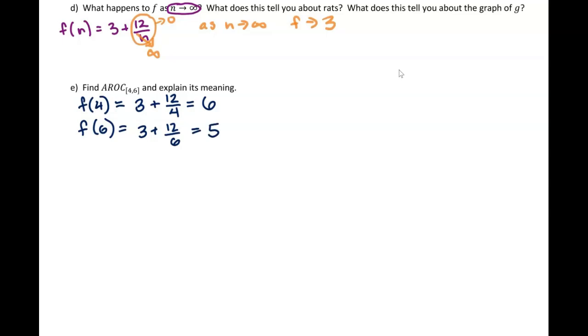So if I want to do average rate of change from 4 to 6, I will take the f of 6, which is 5, minus the f of 4, which is 6, and I will divide it by the change in x, which is 6 minus 4. So this is f of 6 minus f of 4 over 6 minus 4.